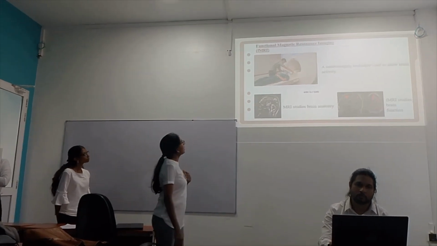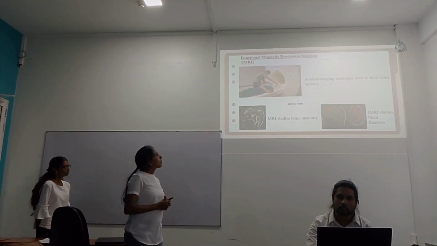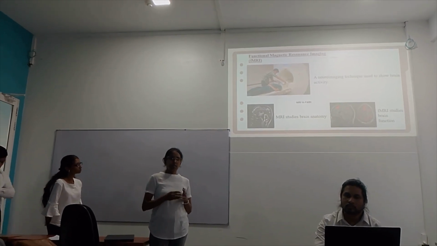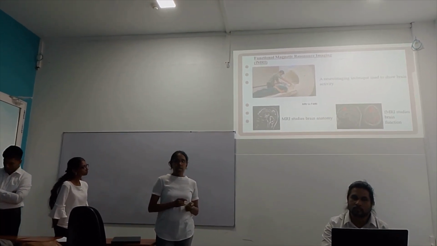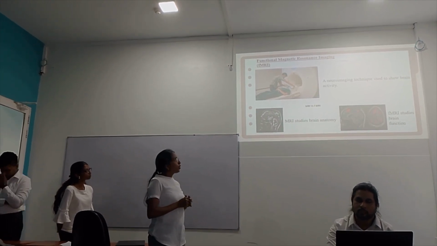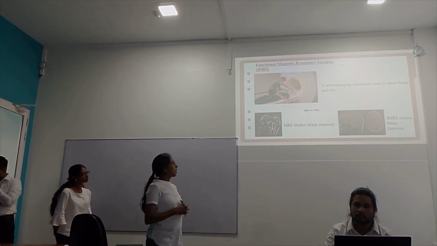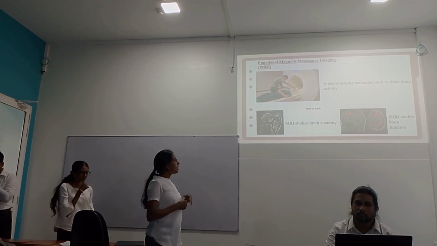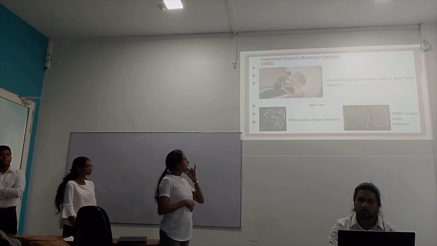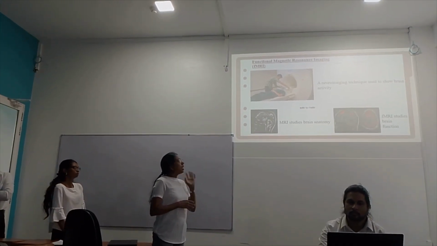The next method is fMRI. fMRI is a non-invasive neuroimaging technique used to show the brain activity. Let's see what the differences are. What is the difference between MRI and fMRI?